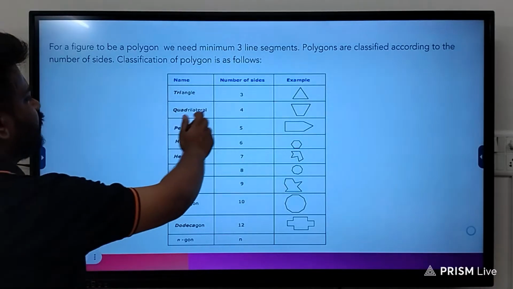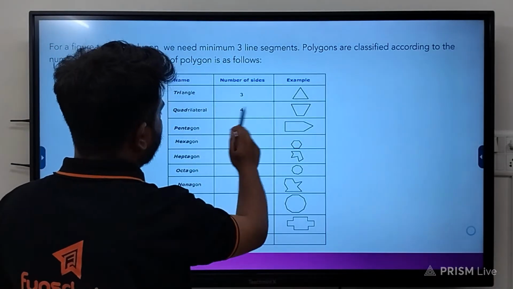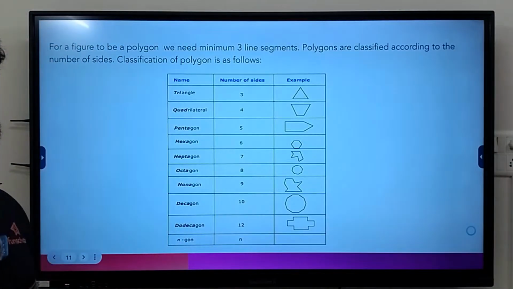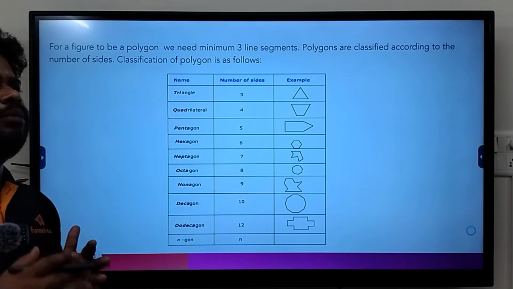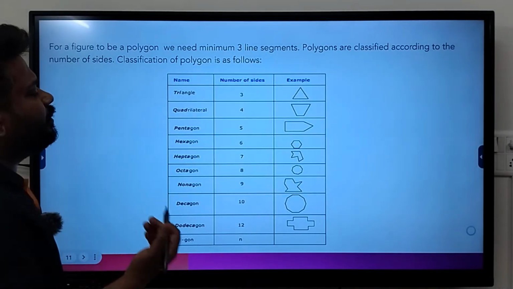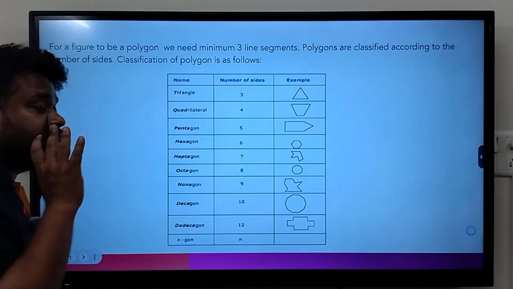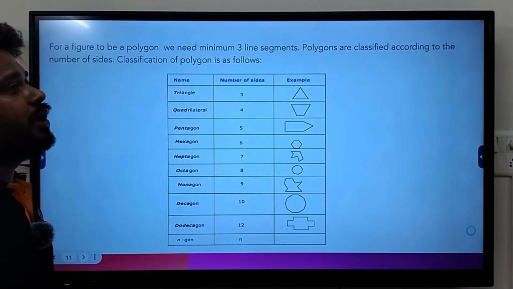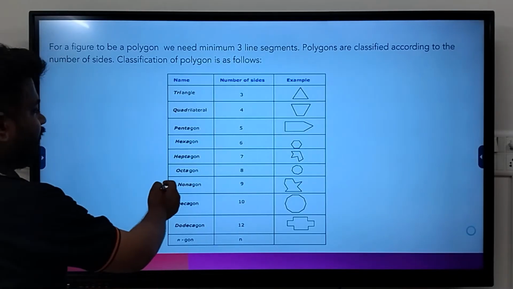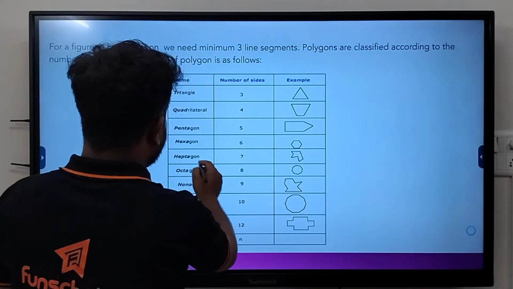Triangle 3, quadrilateral 4, pentagon 5, hexagon this one, and you can also try it. Just think about a number greater than 3, and you can draw whatever shape you like, but the condition is that the shape has to be closed, and that will be called a polygon. Just look at this, they have a heptagon.